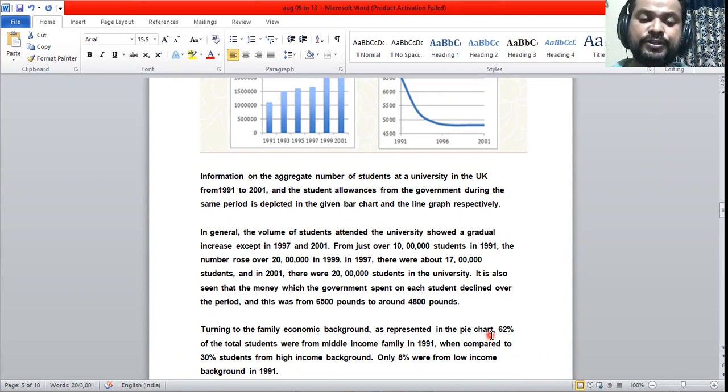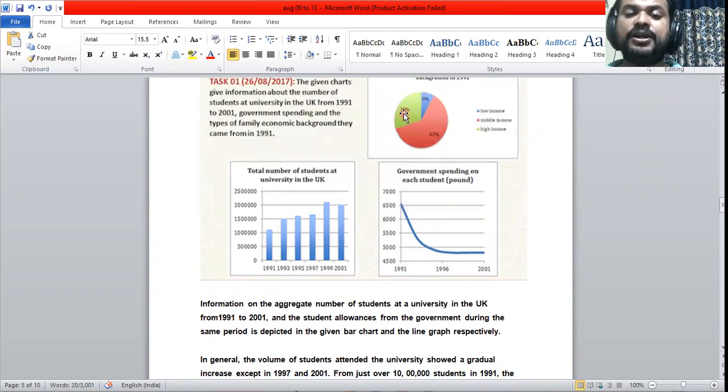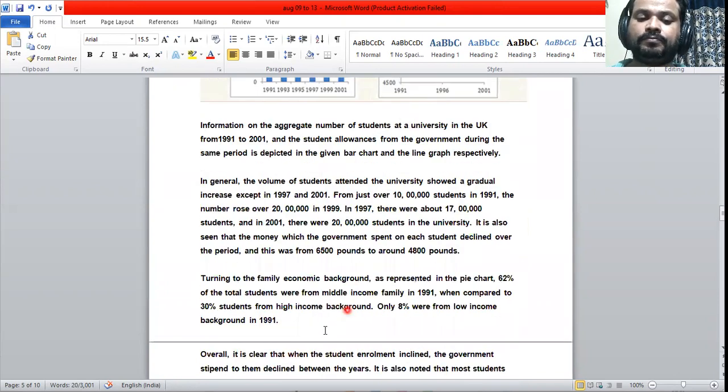62% of the total students were from the middle income family in 1991 when compared to 30% students from high income background. 62% when compared to 30%. 62 from middle income, 30 from the higher income. Only 8% were from the low income background in 1991, we have said.